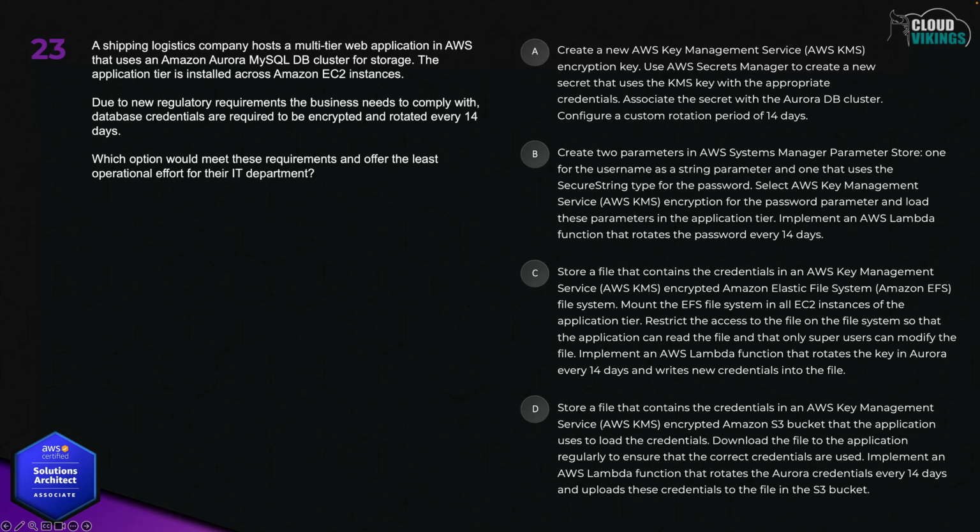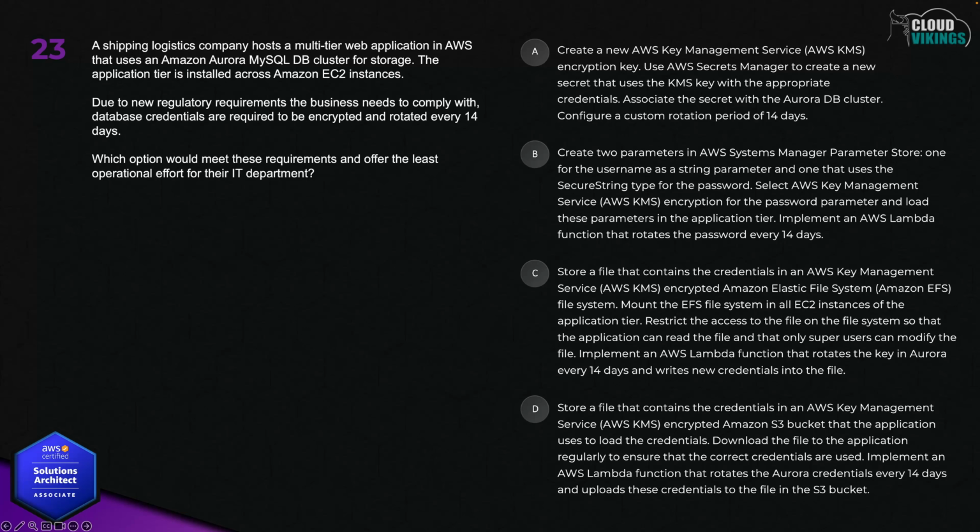C. Store a file that contains the credentials in an AWS KMS encrypted Amazon EFS file system. Mount the EFS file system in all EC2 instances of the application tier. Restrict the access to the file on the file system so that the application can read the file and only super users can modify the file. Implement an AWS Lambda function that rotates the key in Aurora every 14 days and writes new credentials into the file.